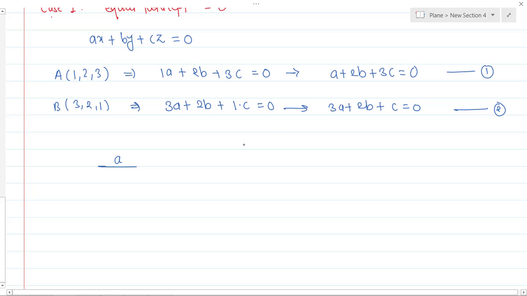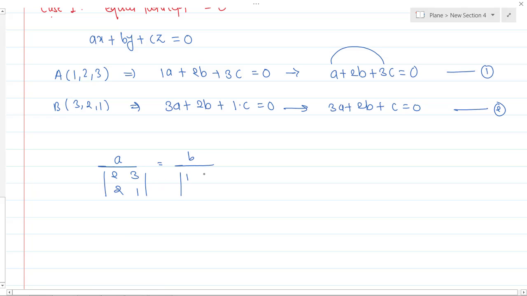Okay, so it's a divided by, remove this a and consider the coefficients of b and c. So what are the coefficients? So it's 2 3 for the first equation and 2 1 for the second. It is equals to b divided by, so b को छोड़ के a and c we have to consider. So a coefficient is 1, c is 3.